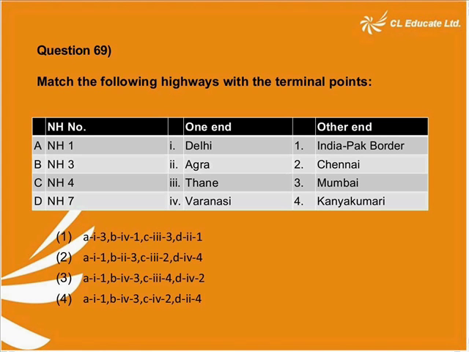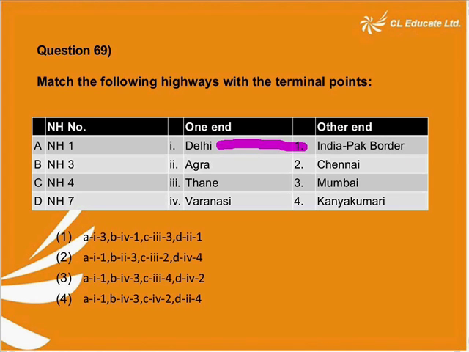So in a way, you can draw a square board and you can connect all the points. NH1 is just a bit away. NH1 is from Delhi to Amritsar, the India-Pakistan border. Then from there, NH2, 3, 4, 5 come in the anti-clockwise direction. 2, 3, 4, 5.